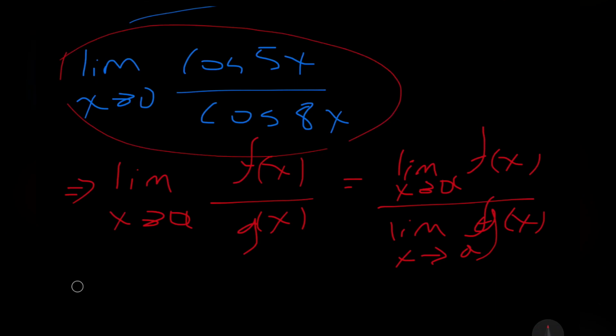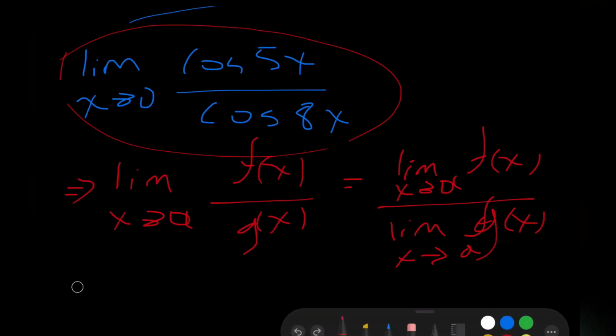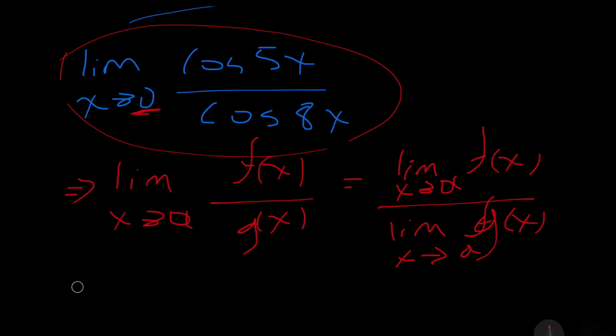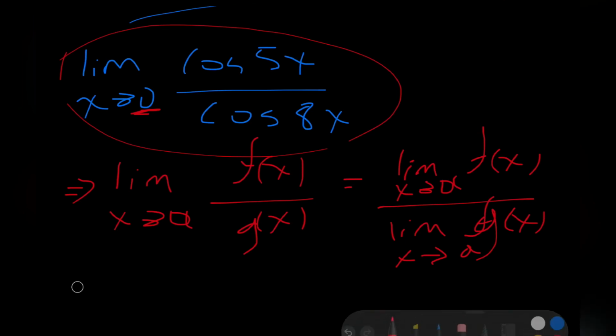We already know the limit of each function. We know the limit of cos 5x and we know the limit of cos 8x as x approaches 0, and we know that both of them are equal to 1. So let's write that out.